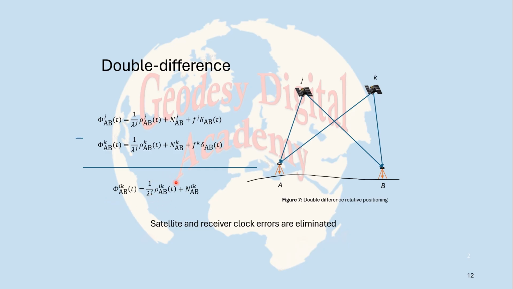How can we determine the coordinates? Again, we have three unknown coordinates for the point B. We have ambiguity parameters here, and we need to write double difference between each two satellites and two receivers. The question is, we normally use more satellites than receivers.